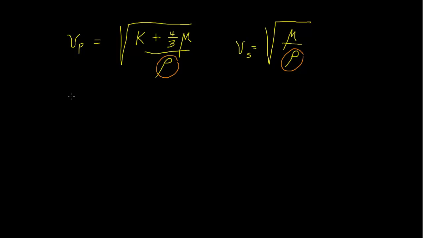So what it basically does is it takes a medium, some kind of rock, and you try to squish or compress it, and then you compare the initial volume of the material to its volume when it's compressed. And that is equal to the bulk modulus.